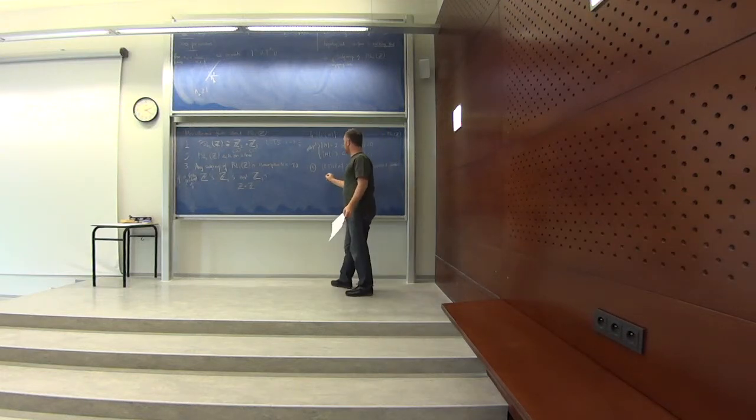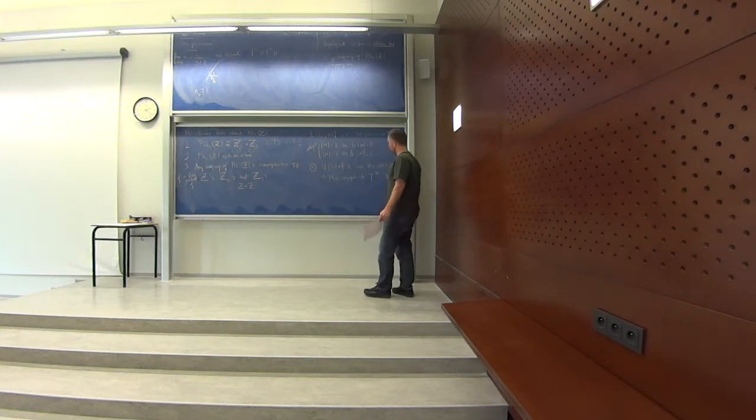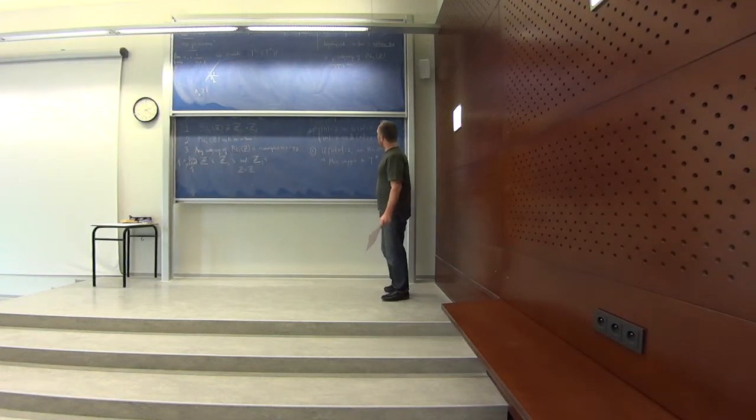And any parabolic M, any such element, is conjugate to some power of T. And perhaps here I must add, if M is of trace 2, then it is conjugate to S, and if it is of trace 3, then it is conjugate to L.